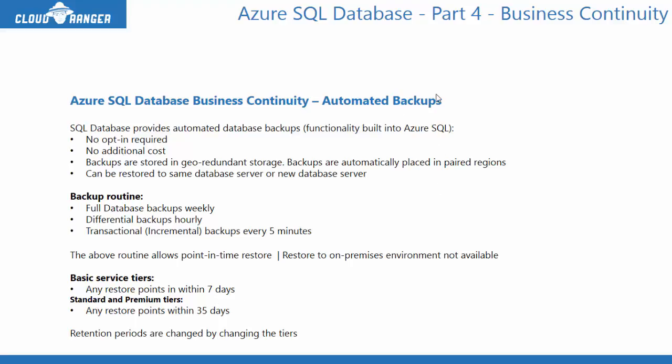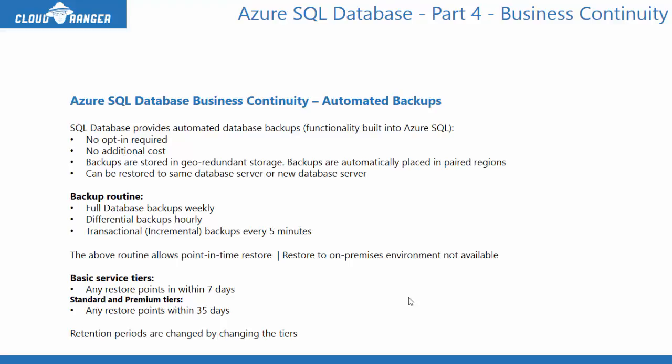This automated backup is actually provided for all tiers, basic, standard, and premium, just to let you know, all right? So it's already there. If you have a retention period from a basic tier, which is 7 days for all the restore points, you can obviously change your tier, and that's what I mean over here. Retention periods are changed by changing tiers. You can go from 7 days to 35 days by just changing that, okay? So this is the automated backup.